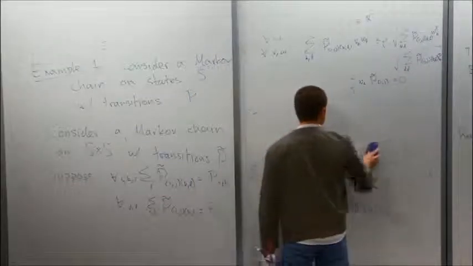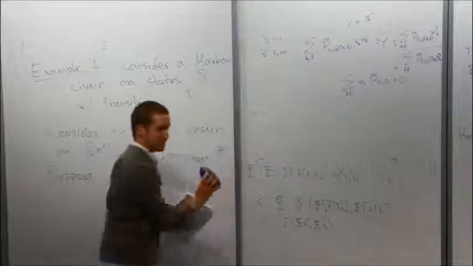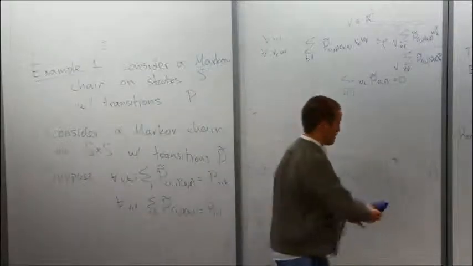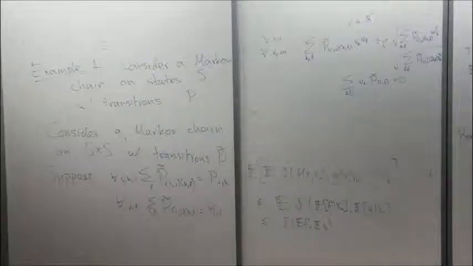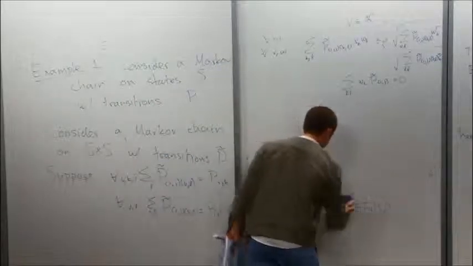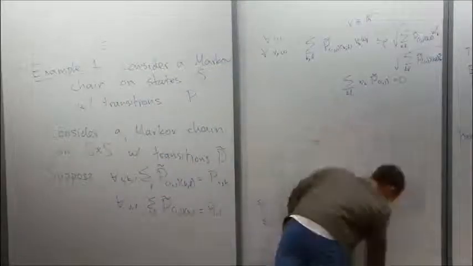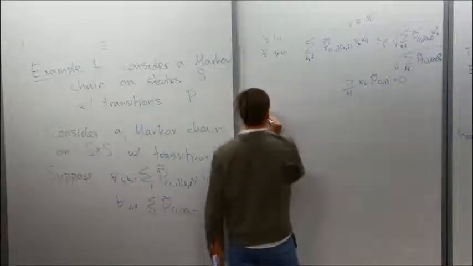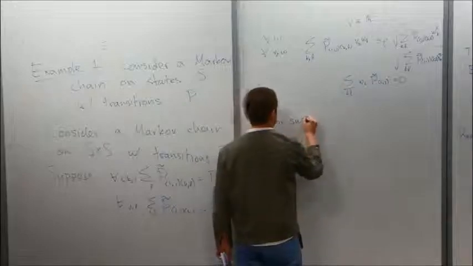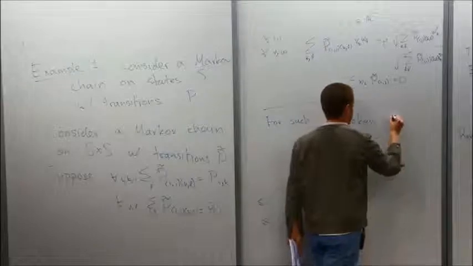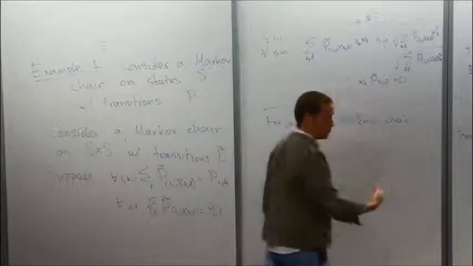Okay. So anyway, I claim that when I write these conditions down correctly, then what it implies is exactly these two things. So what I'm saying is that for such a Markov chain, I have an inequality for the noise stability.